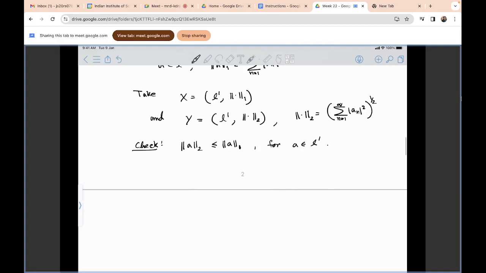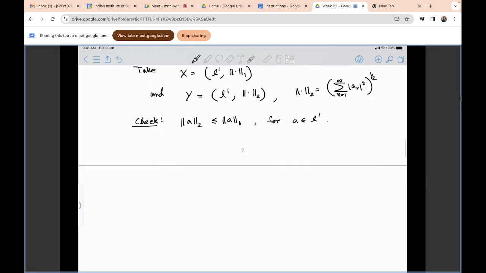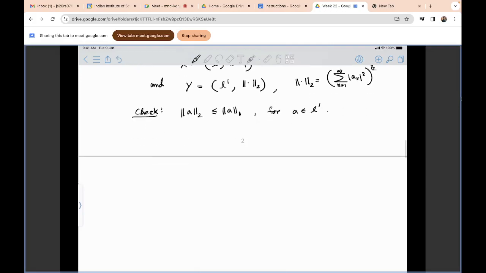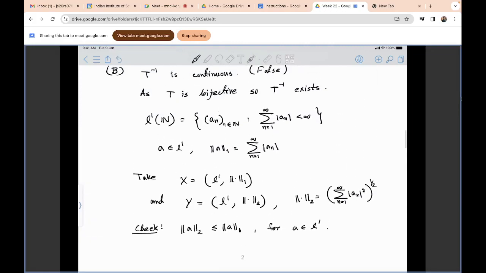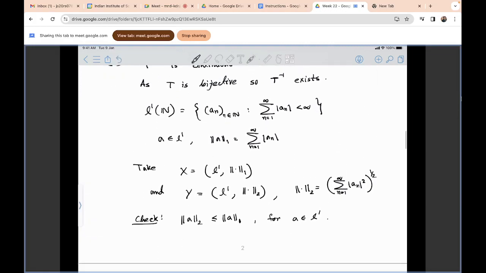Okay, so these two spaces are fine: x with the L1 norm, and y is L1 with the L2 norm. Now we define a linear operator, and you have to check that T inverse will not be continuous.